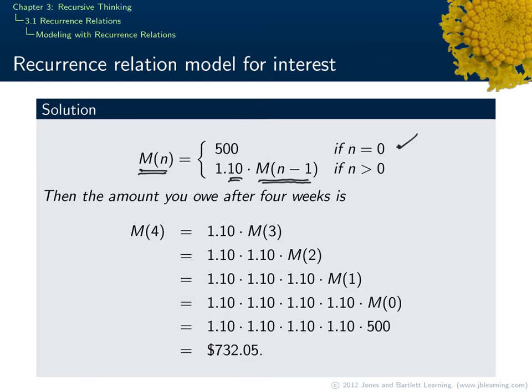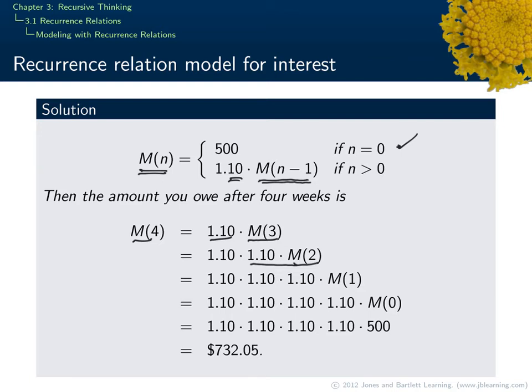Okay, so that means that after 4 weeks, the amount we owe her is 1.10 times the amount we owed her after 3 weeks. And the amount we owe her after 3 weeks is 1.10 times the amount we owe her after 2 weeks. And so on and so forth. So this is this top-down method that we discussed on a prior slide of evaluating a recurrence relation.